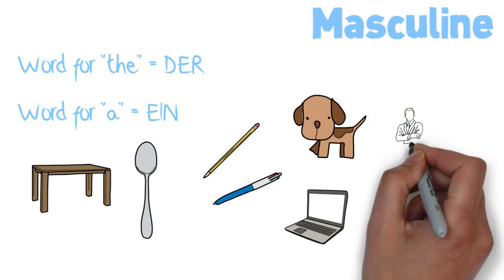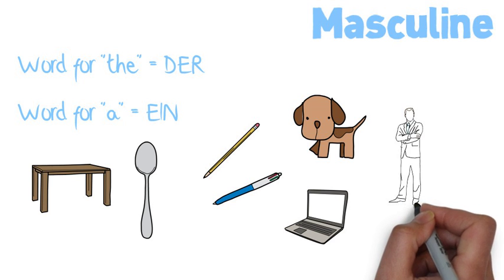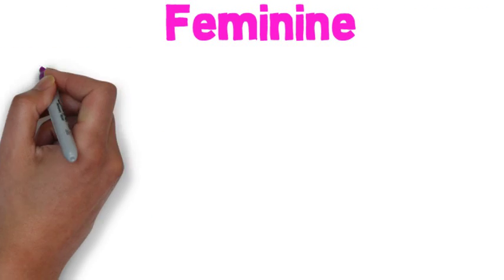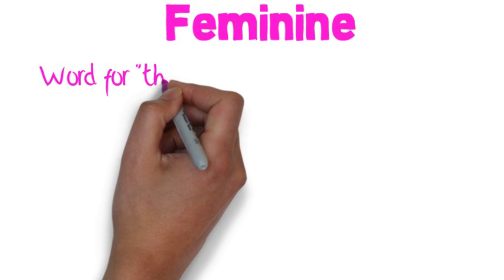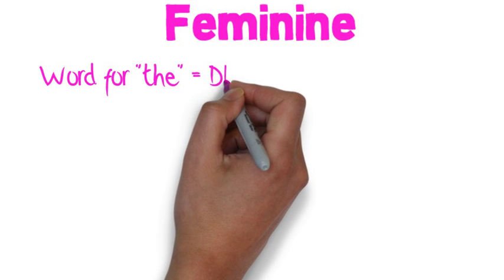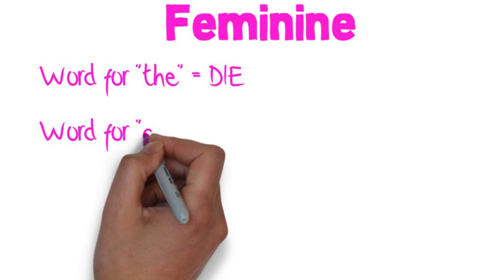Now, notice that only one of these nouns, der Mann, has an actual gender in real life according to biology. But because the German word for spoon or computer is a masculine word, those nouns act the same way as man does.